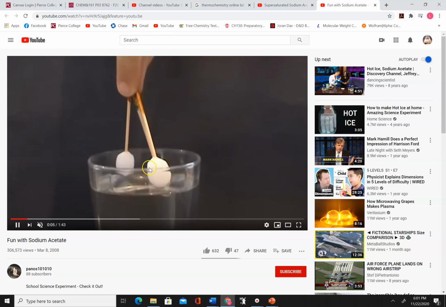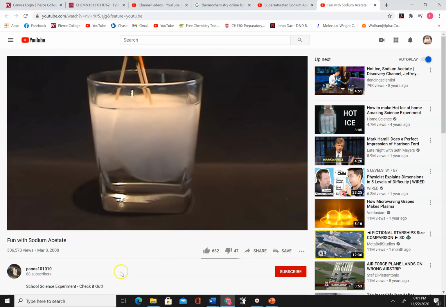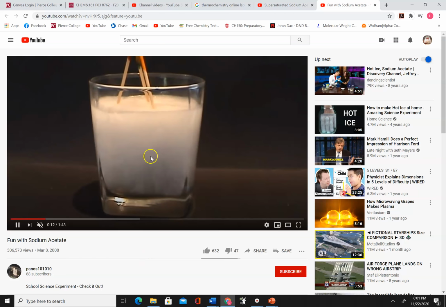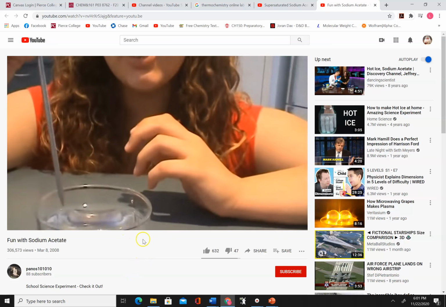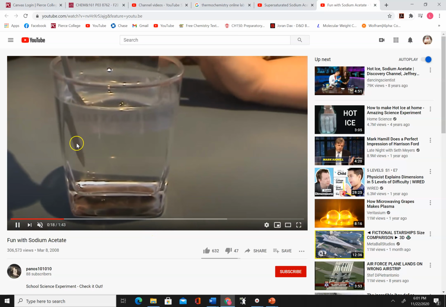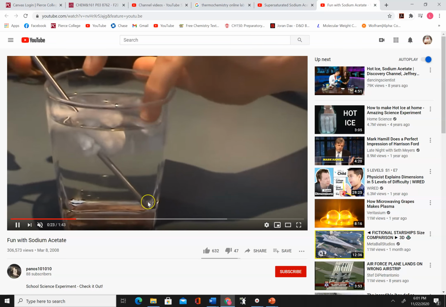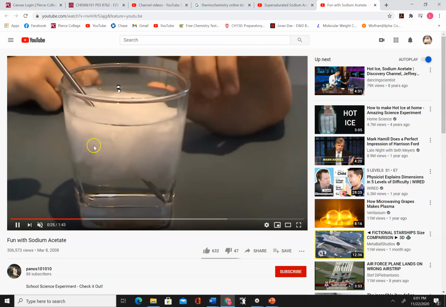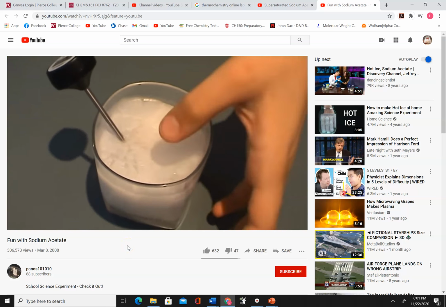We poke it with a toothpick, a couple of toothpicks, and you can see that excess solute starts crystallizing out. Okay, now the cool thing about this is it actually gets warm. You can see here it's going up to 52 degrees Celsius when we poke it with this meat thermometer that triggers the crystallization of the excess solute. So yeah, this is referred to as hot ice for this reason.